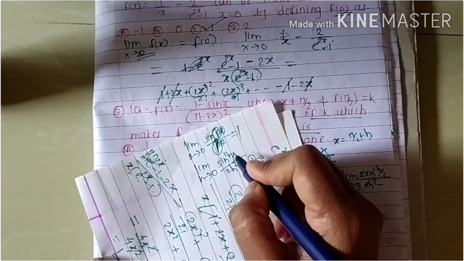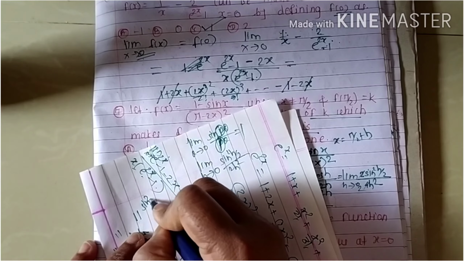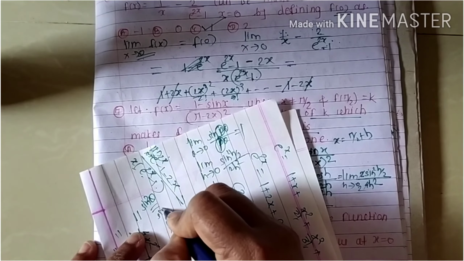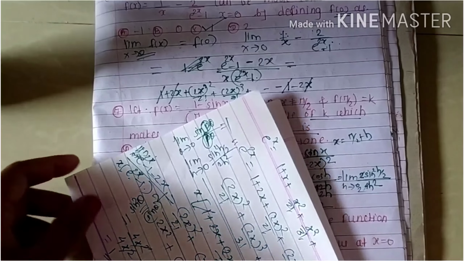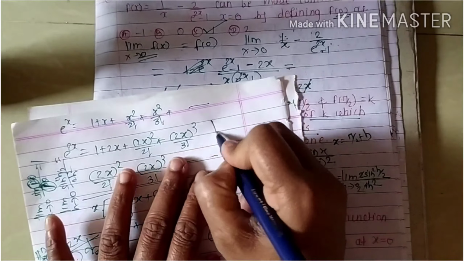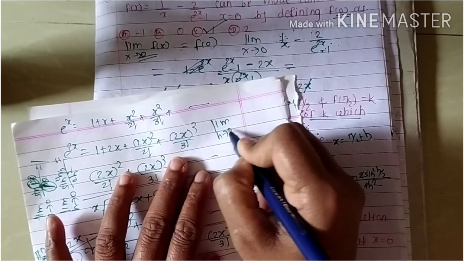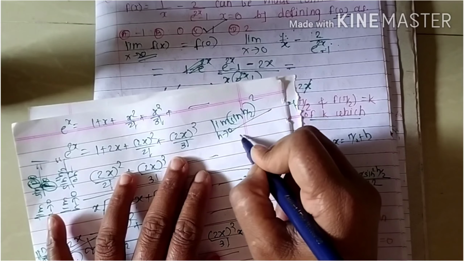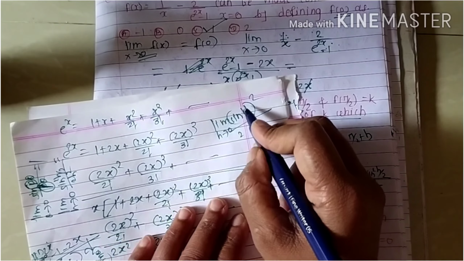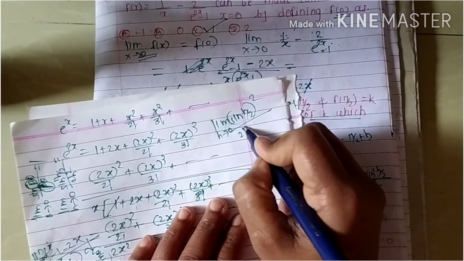Here h by 2 plays the role of theta, and sine square theta is the same as sine theta squared. So we write sine square h by 2 as sine h by 2 squared, and in the denominator we want h by 2 squared, but we have 2h square.